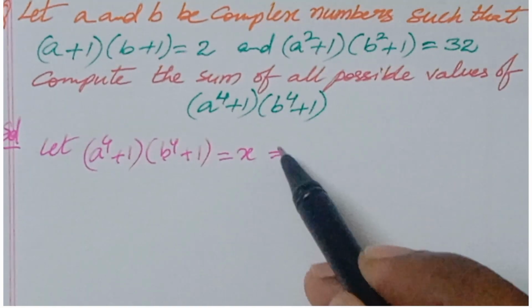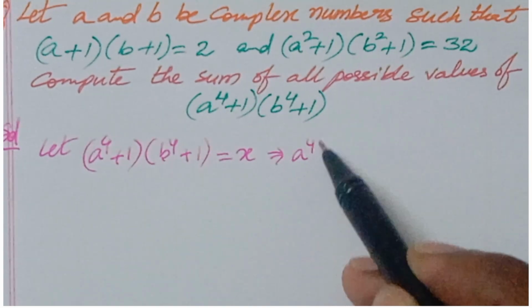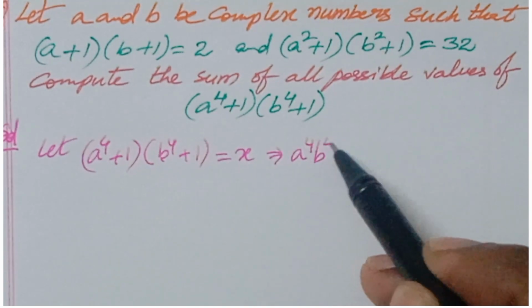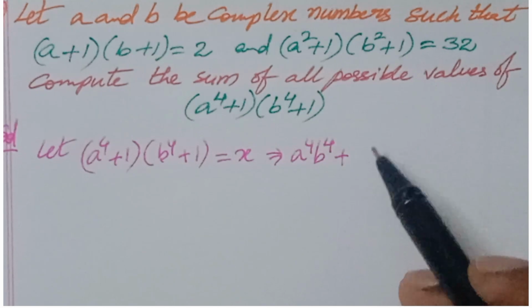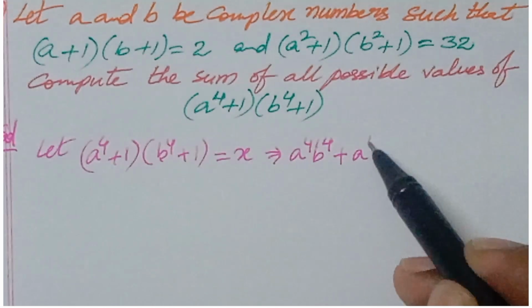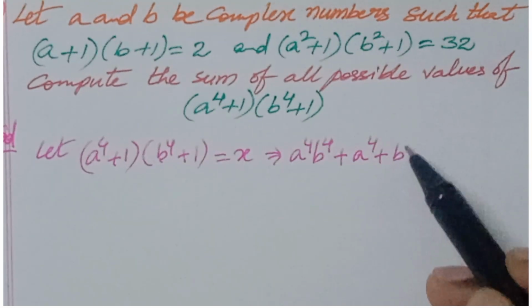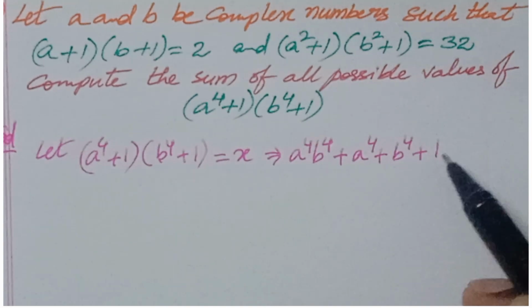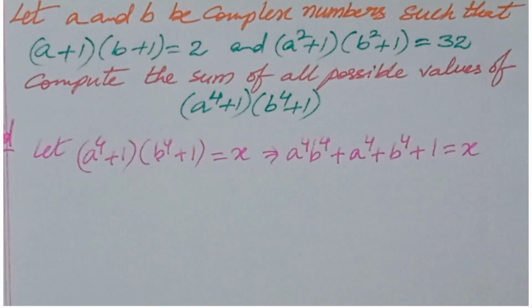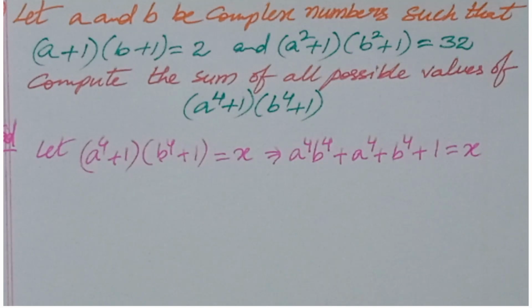That implies a to the power of 4 b to the power of 4 plus a to the power of 4 plus b to the power of 4 plus 1 is equal to x. So that one we are taking first.